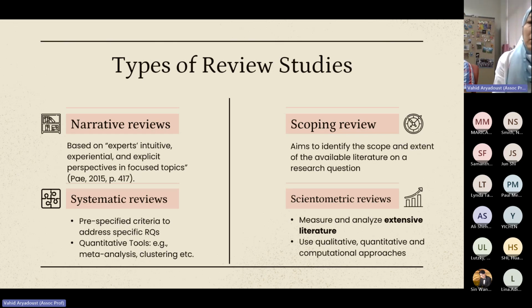And then finally, the topic of our talk today is scientometric reviews, which measure and analyze extensive literature. This is the key part of scientometric analysis, that we can really harness big data and identify patterns within that. And we use a combination of primarily quantitative, but also some qualitative analysis to understand that data, and largely also use computational approaches in order to analyze the networks.